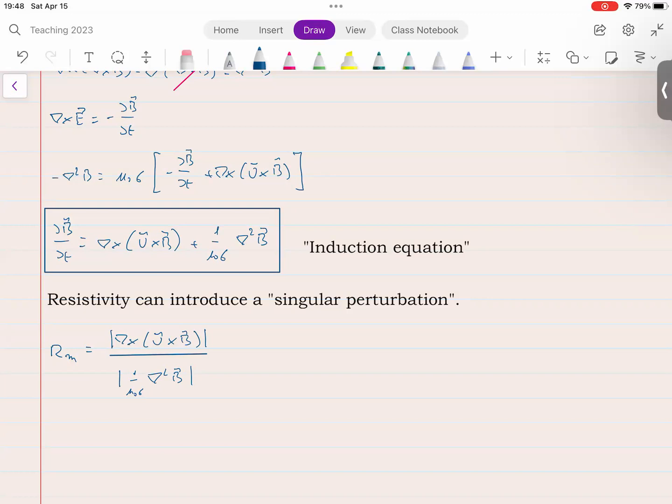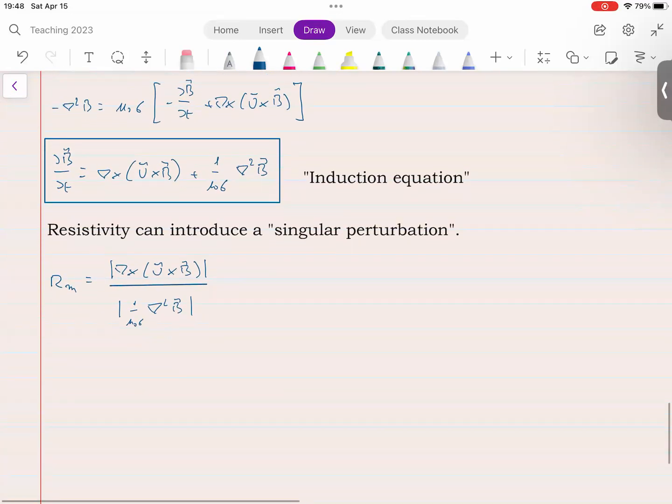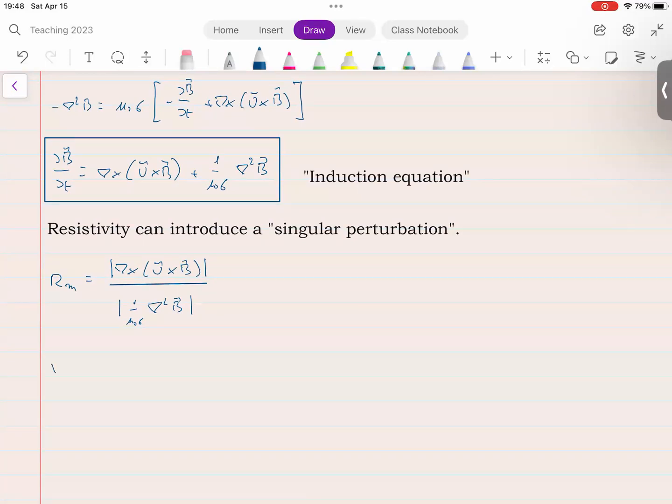What we normally do is try to estimate the numerical value of this number by setting the nabla symbol, so gradient or curl or the square or anything, to be proportional to 1 over L, where L is some characteristic scale length for either my system or my problem.